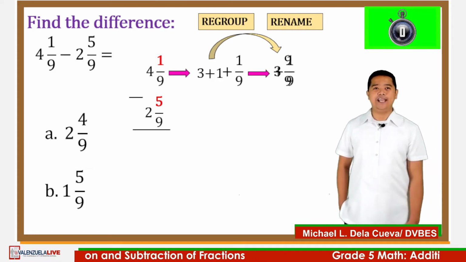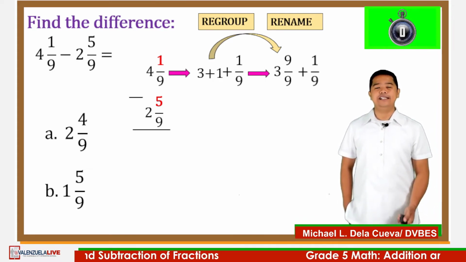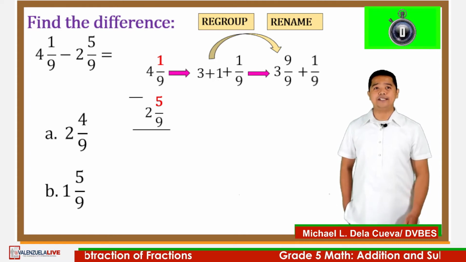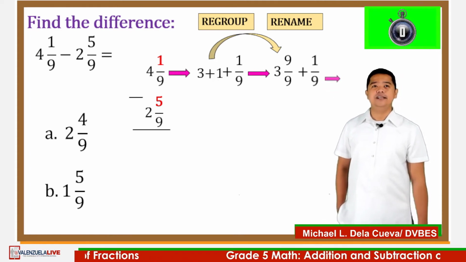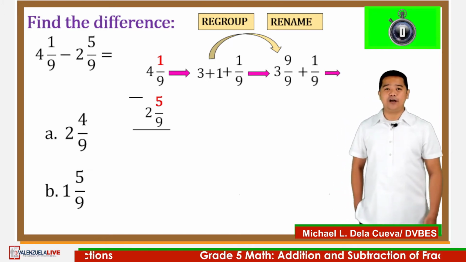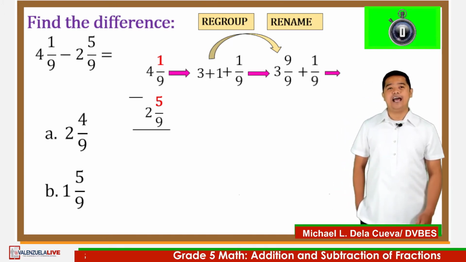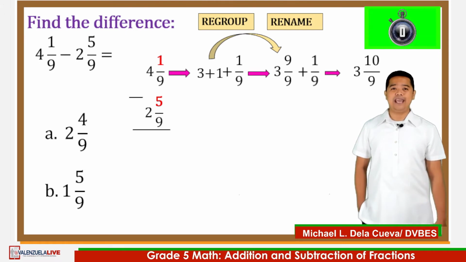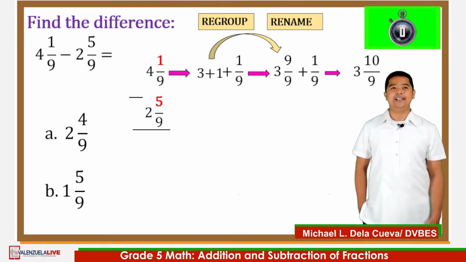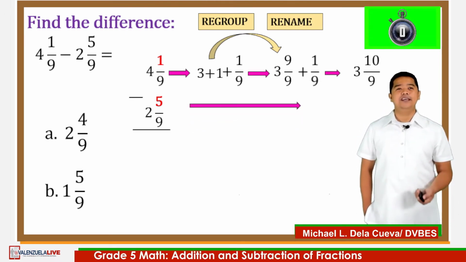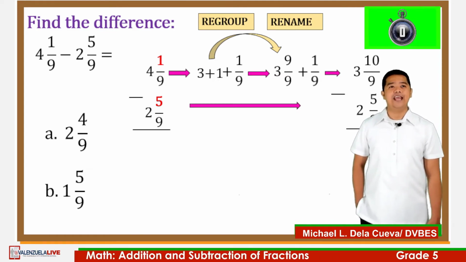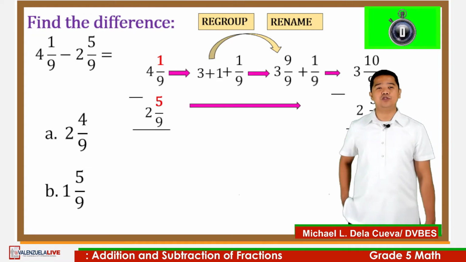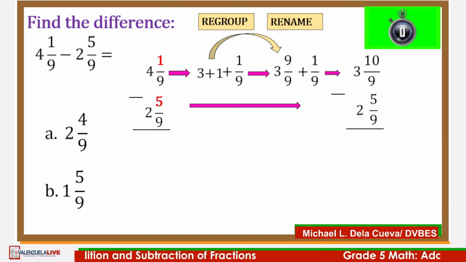Copy plus 1/9, and then we have 3 and 9/9 plus 1/9. Again, add the numerators, 9 plus 1, copy the common denominator 9, add the whole number, and we will get 3 and 10/9. And then copy the subtrahend 2 and 5/9, and apply how to subtract similar fractions.